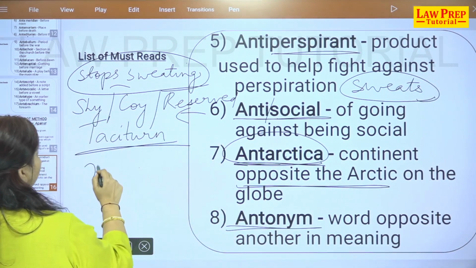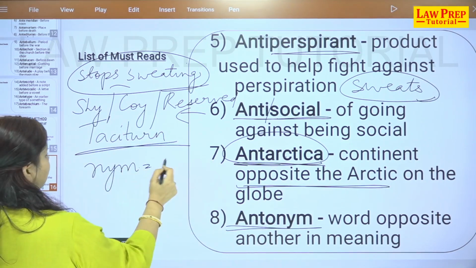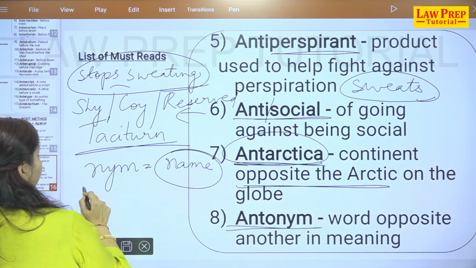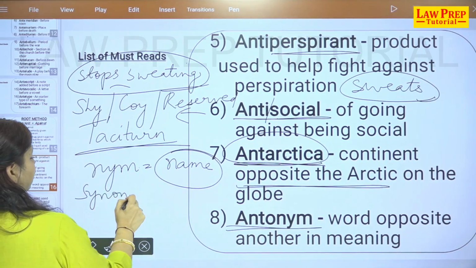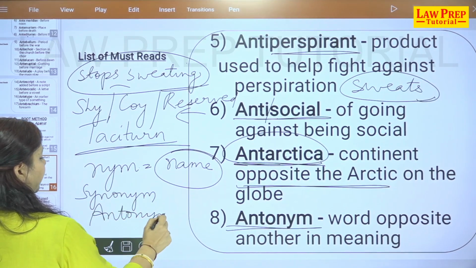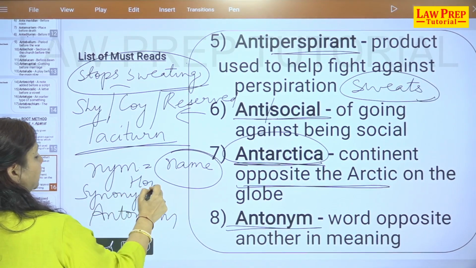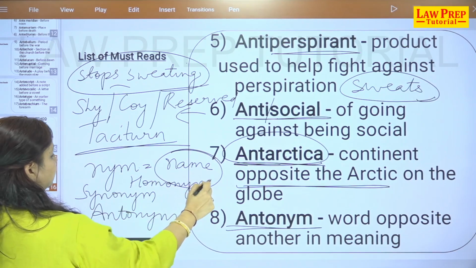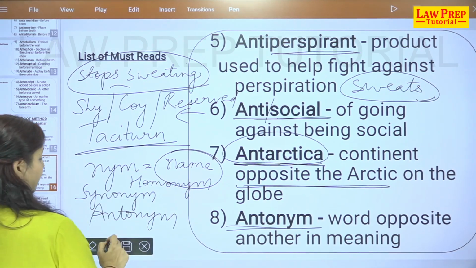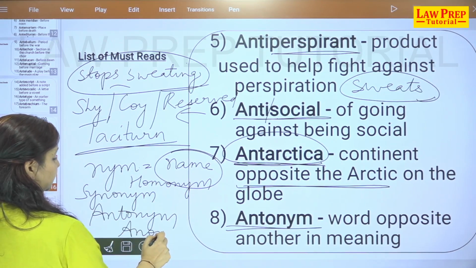So the word to be noted in the root is nym, that means name. We have synonym, antonym, homonym, and besides this, we have anonymous.